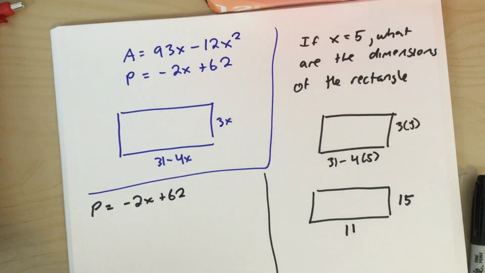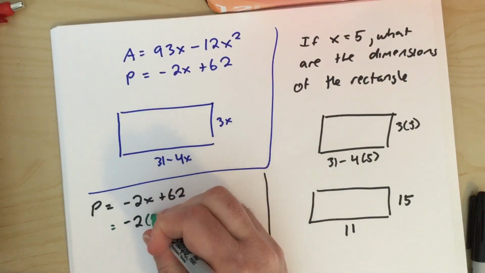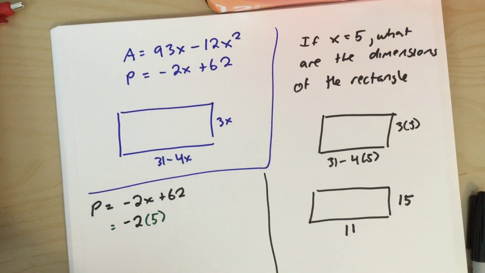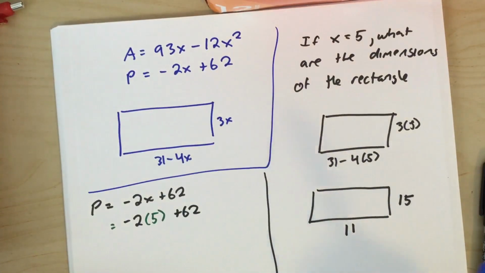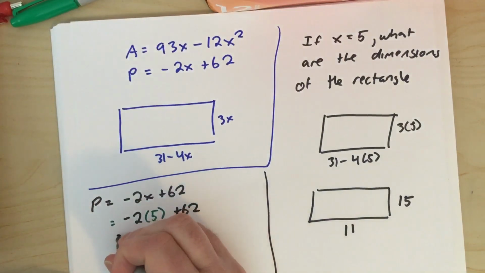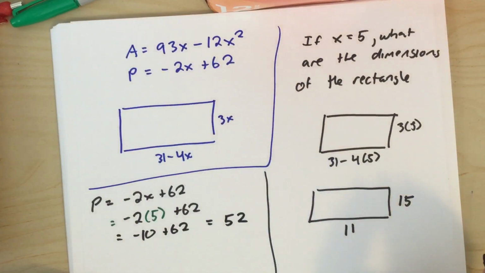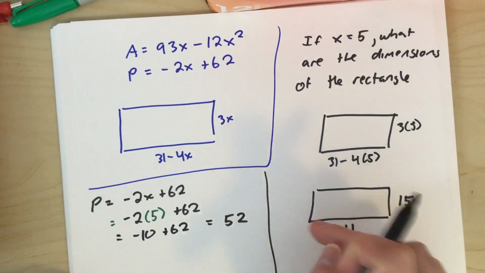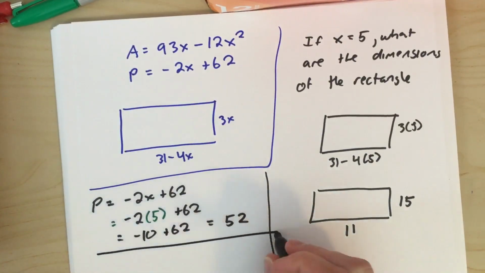So it's going to be minus 2 times 5 plus 62, which is minus 10 plus 62, which is 52. And does that make sense? 15 plus 11 is 26, and 26 times 2 is 52. The perimeter of this rectangle is 52.